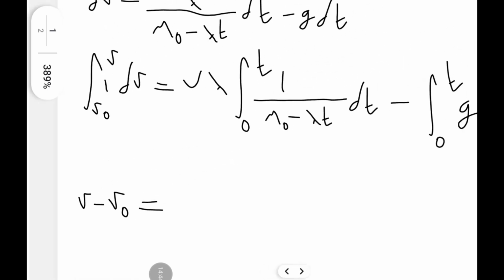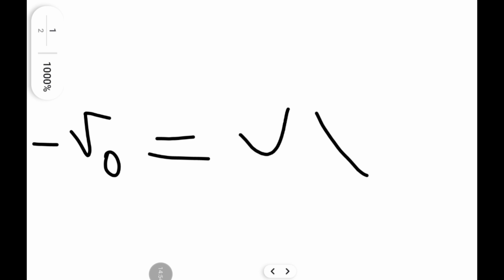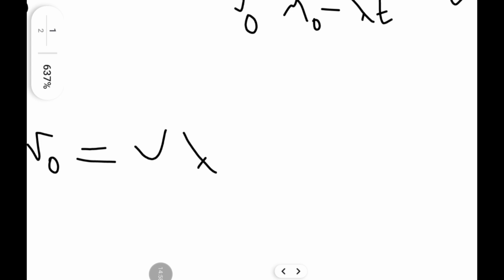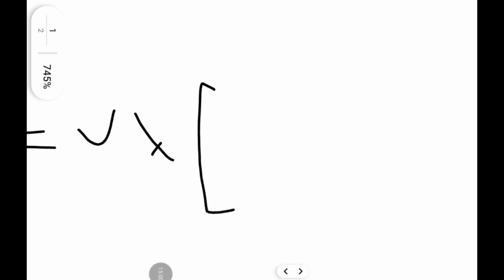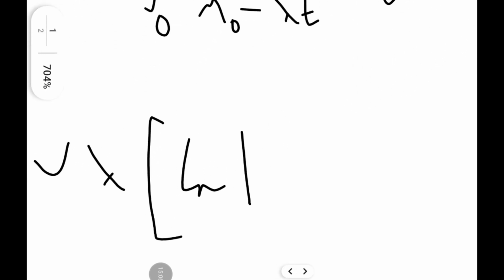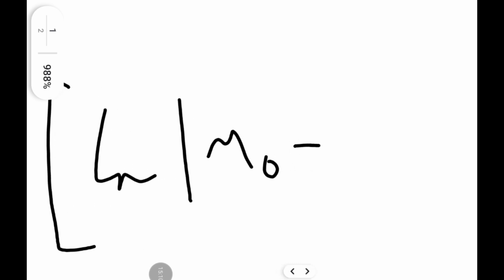Now the integral of 1 over m0 minus lambda t is going to be a natural logarithm. I'll show you what it turns into. So you've got u times lambda, and then in brackets, the natural logarithm of m0 minus lambda t.